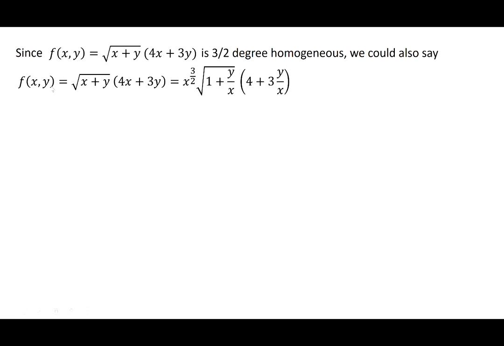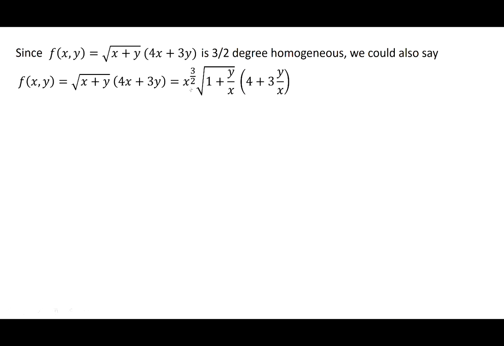So here is the idea. Because we detected that this is 3/2 degree homogeneous, automatically we could do something. We could factor out an x to the 3/2 from this whole expression, or in fact we could factor out a y to the 3/2, which is what I will attempt to show you next.